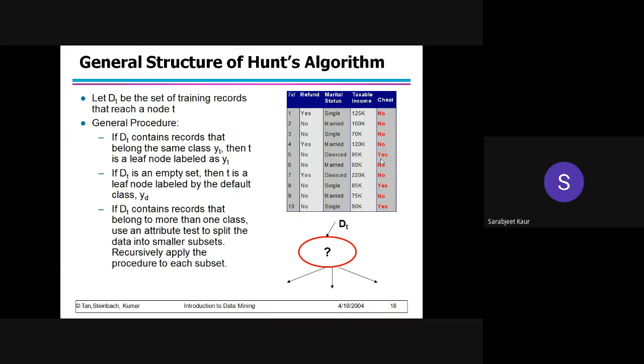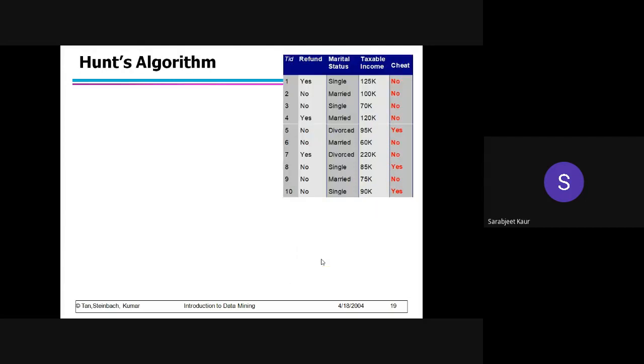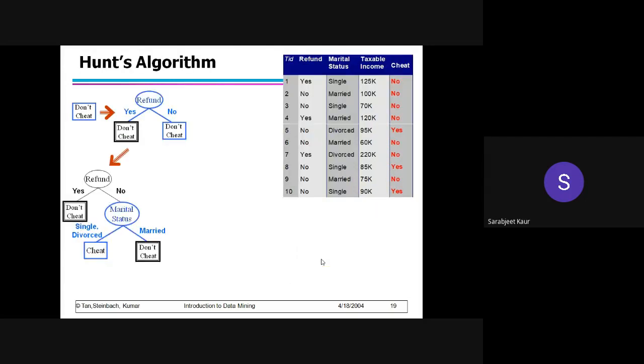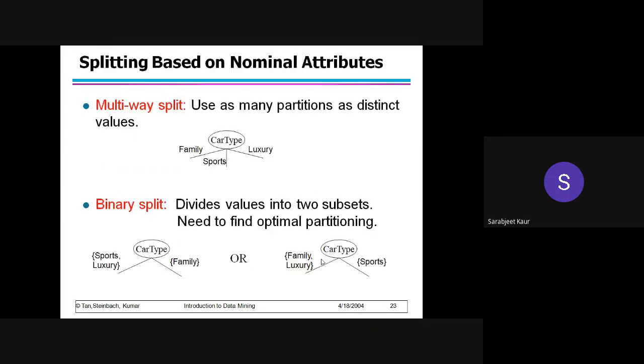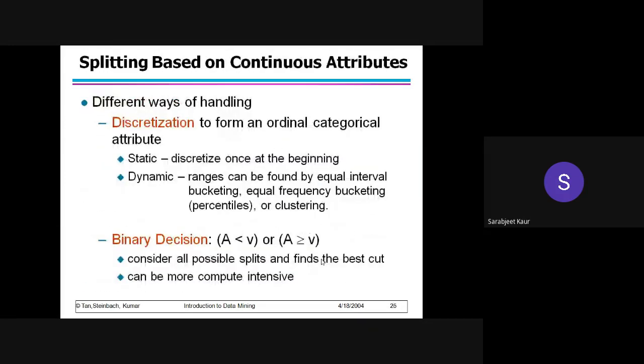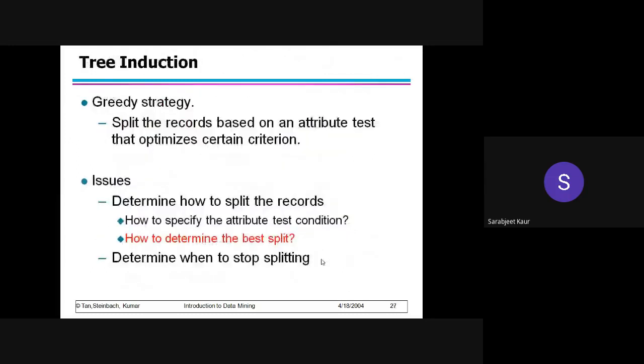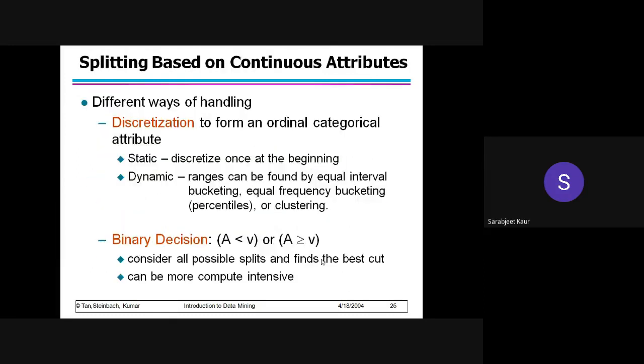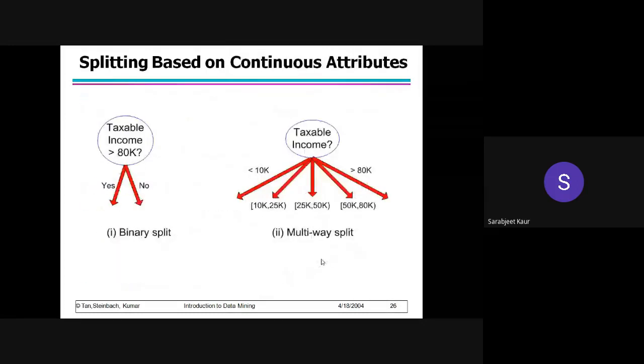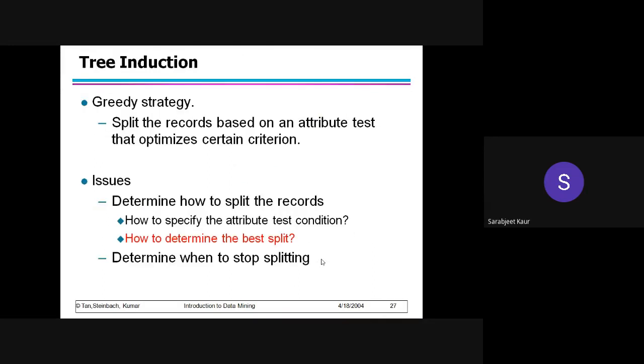In that case, we said that at each stage we must choose an attribute to split the node. Splitting the node means splitting the data set corresponding to that particular node, right? That particular level that we are at. So, accordingly, we had looked at how to specify the test conditions for each type of attribute, that is nominal, ordinal, continuous. How do they vary for a binary split, and how do they vary for a multi-way split?